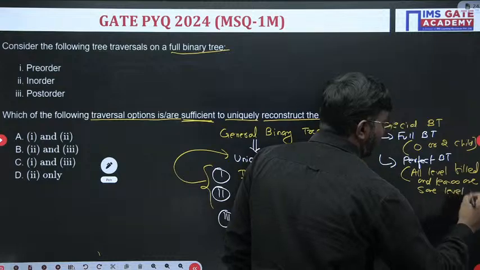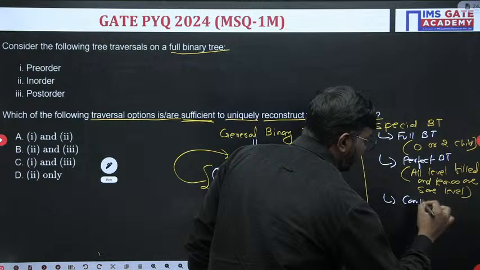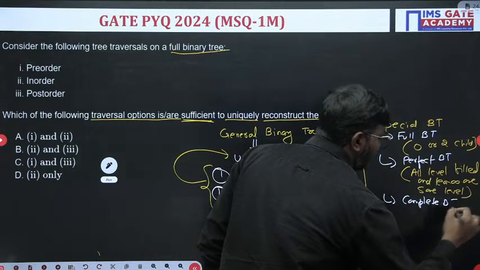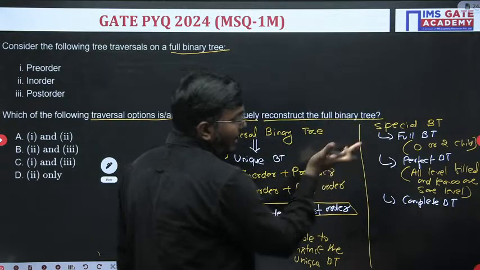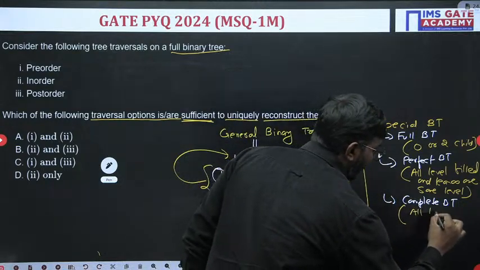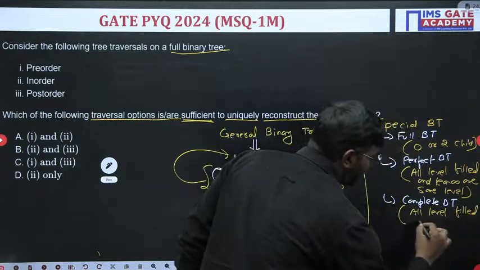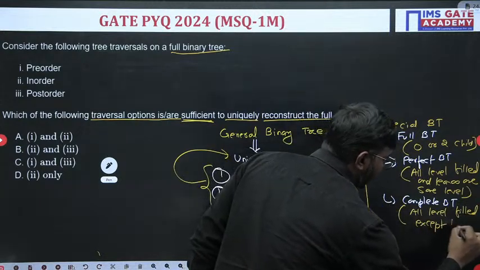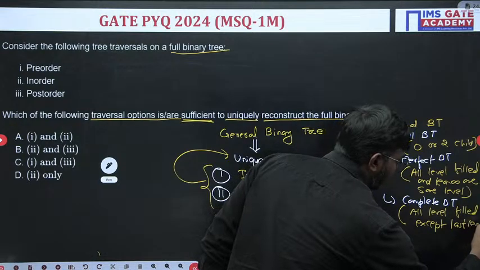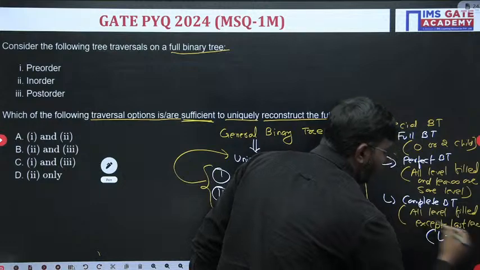This is the definition of a perfect binary tree. Or a complete binary tree. Complete binary tree means all levels are filled except the last level, and the last level is filled from left to right.